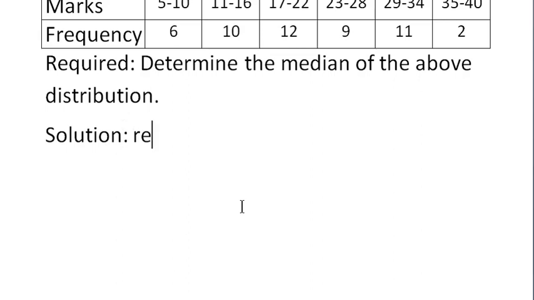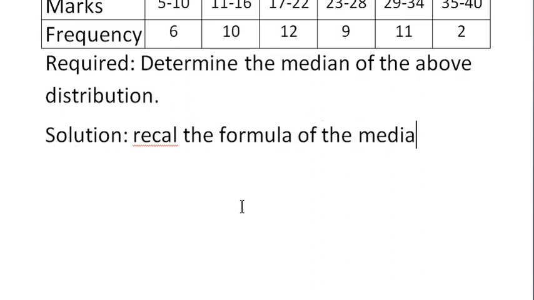Recall the formula of the median of a grouped data.